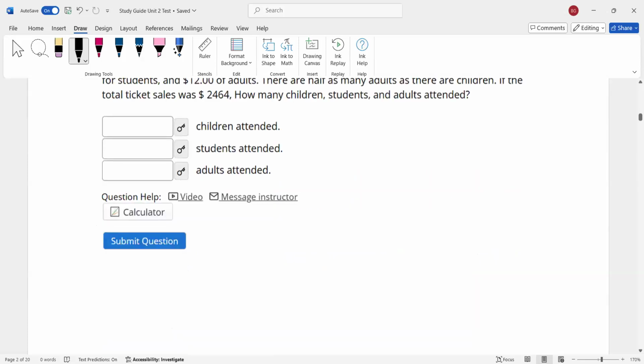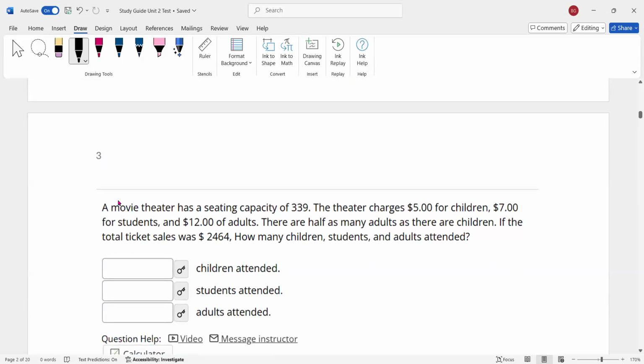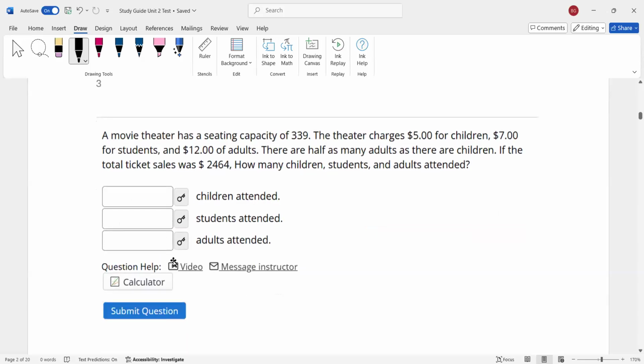Number 3. Yeah, I have the page number here. So page 3, we have question number 3. This way is better. We have enough space. This is a word problem, an application problem. I think this belongs to section 2.5, application of systems. A movie theater has a seating capacity of 339.